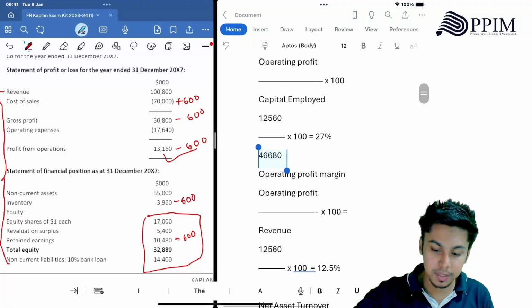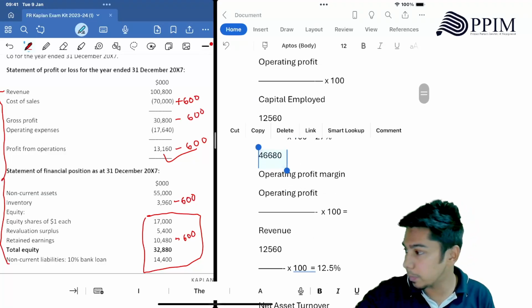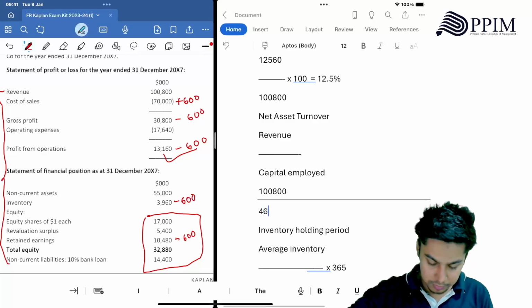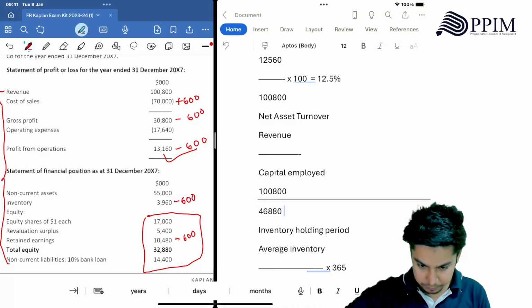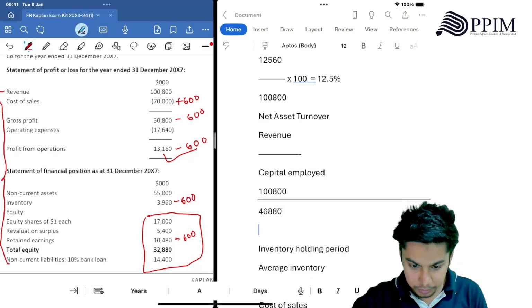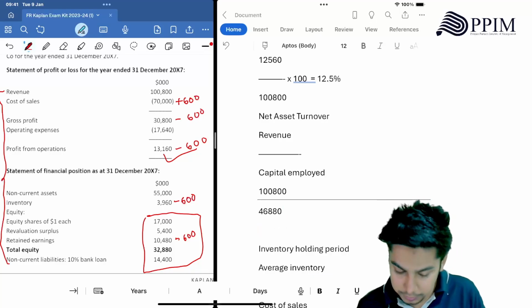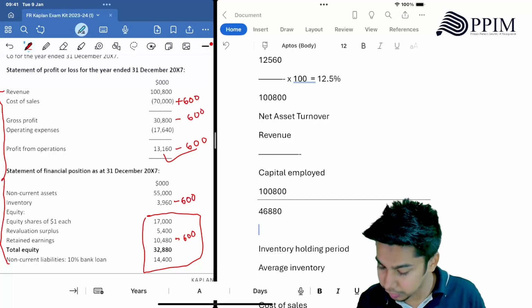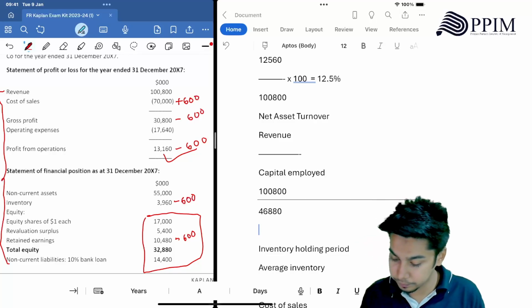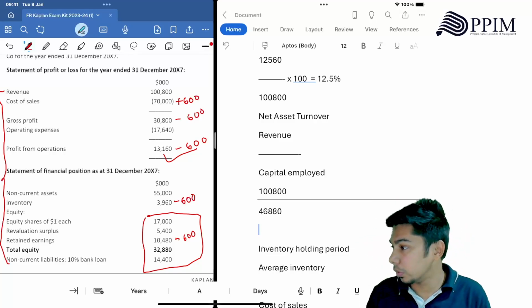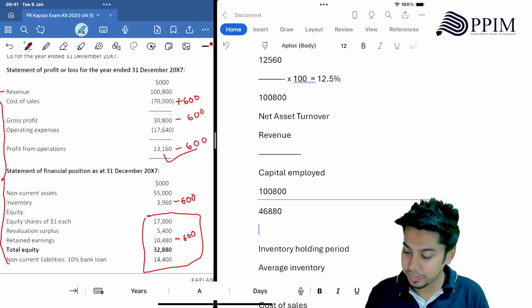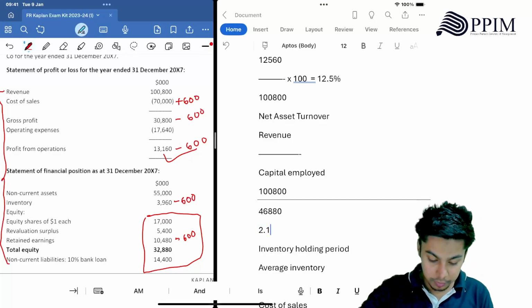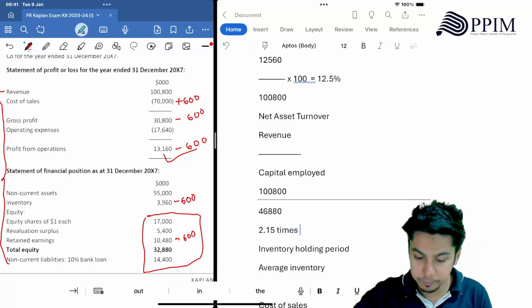I'm going to copy the same answer that I got earlier: 46,880. So when we do this part, the answer will be 100,800 divided by 46,880. It's coming as 2.15 times. Correct, no? Yeah, 2.15 times approximately.